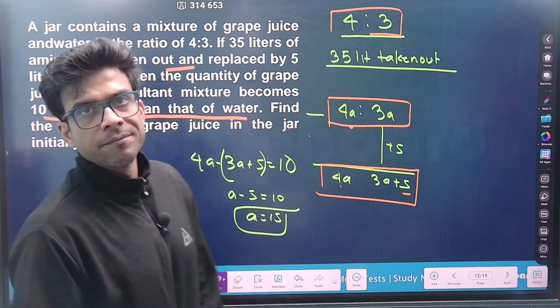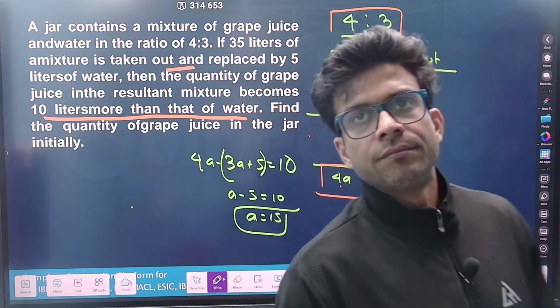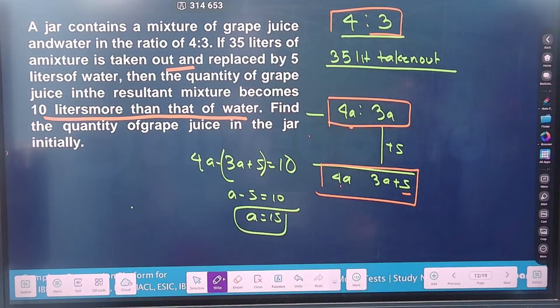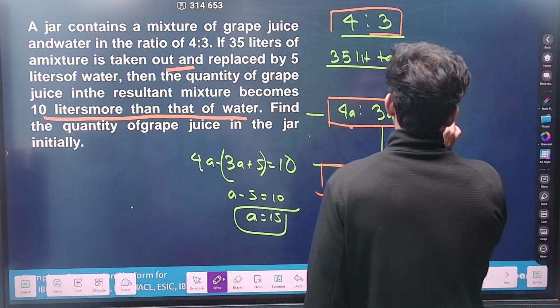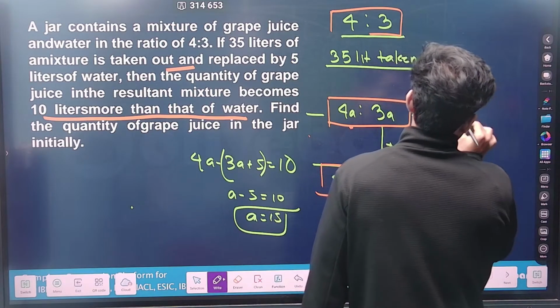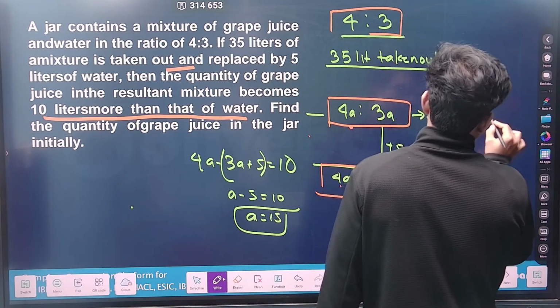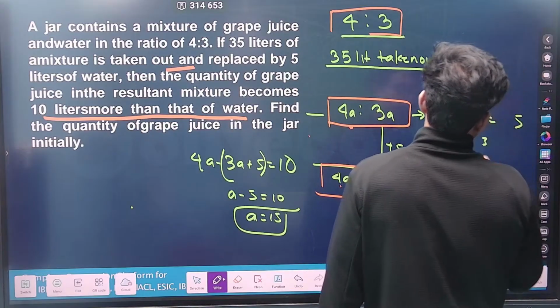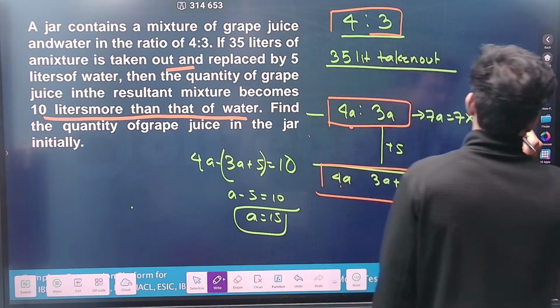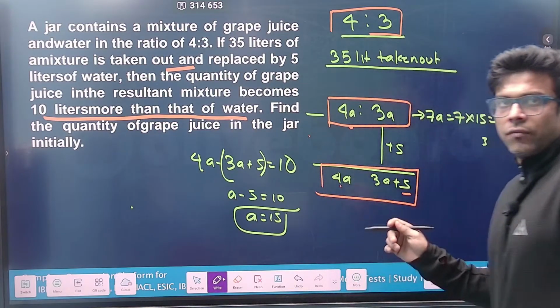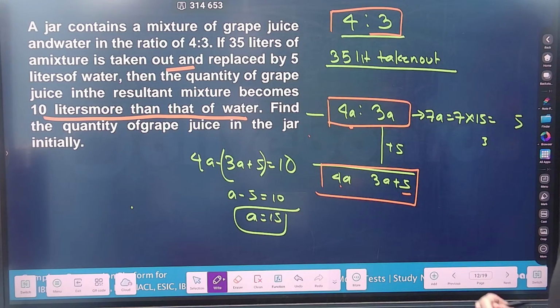Then the total, 7a, is 7 into 15, which is 105.